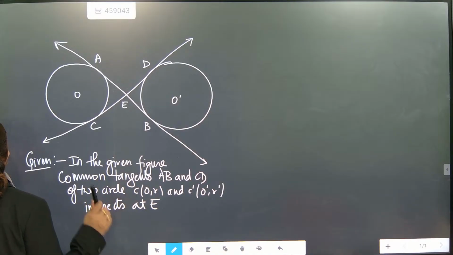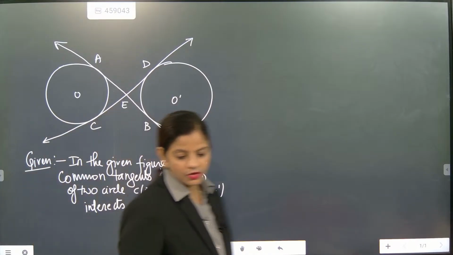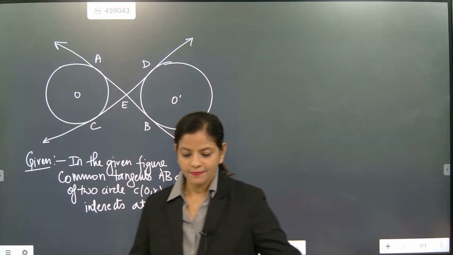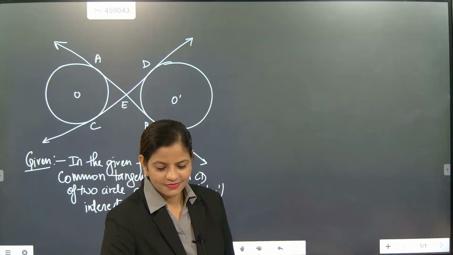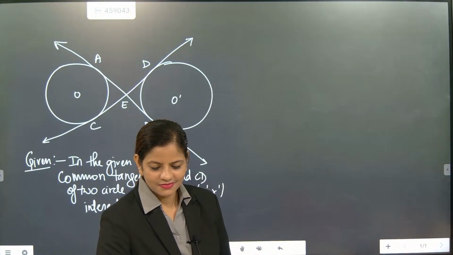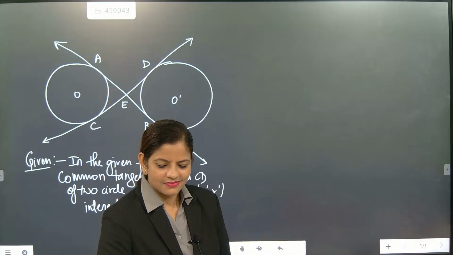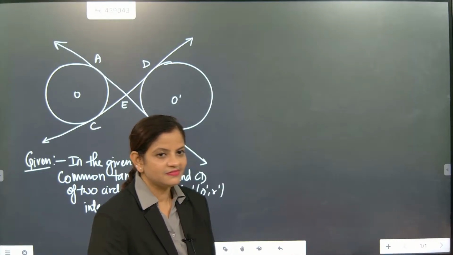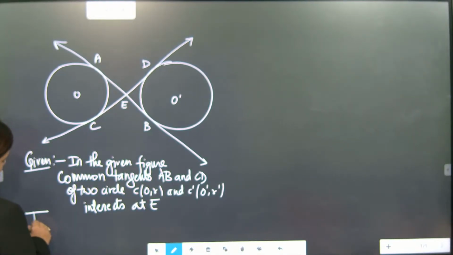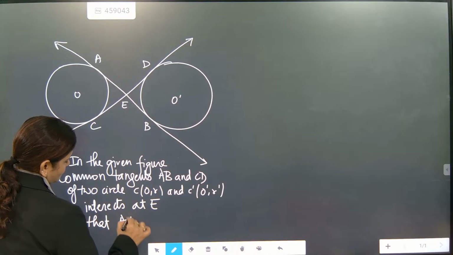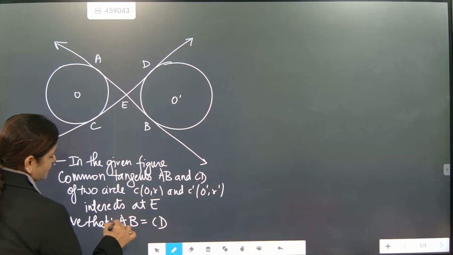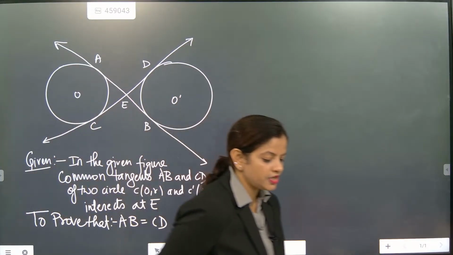Prove that AB is equal to CD. Good question. This is what you have to prove. AB is equal to CD.